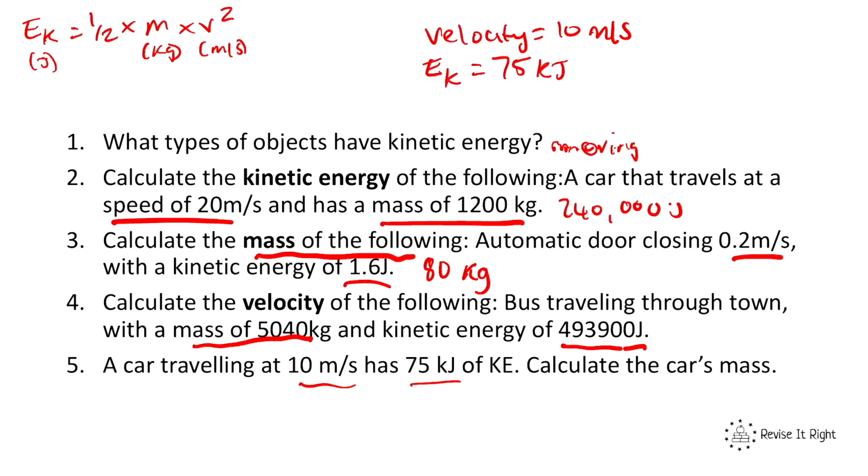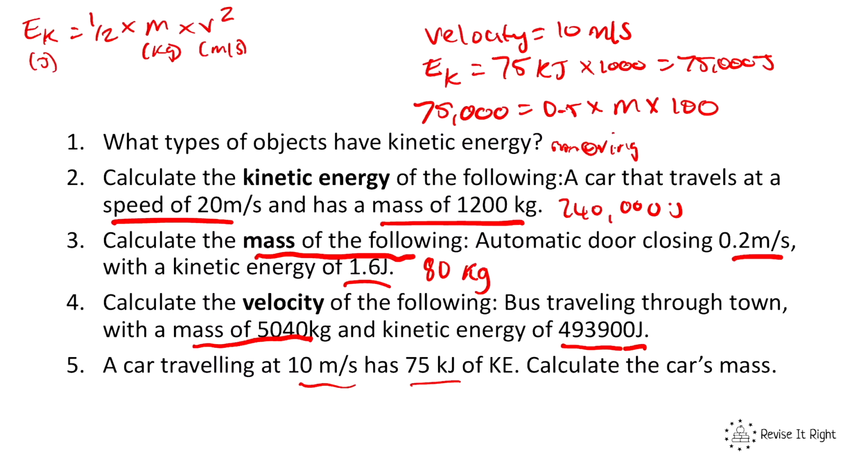Now we need to get that into joules. So to do that, we can times by 1,000. So it's 75,000 joules. Now we can input these into our equation. So kinetic energy is equal to 75,000, which equals a half, times mass, which you're trying to work out, times velocity squared, so 10 squared equals 100.